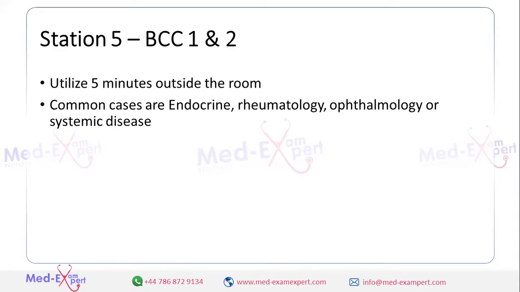In 2.5 minutes, you need to write the differential diagnosis and the important questions to be asked in BCC1 and then in BCC2. The cases which commonly appear belong to endocrine, rheumatology, ophthalmology, or systemic diseases. Sometimes a patient with abdominal pain or transient ischemic attack may be kept in the exam if the center does not have an adequate number of cases.